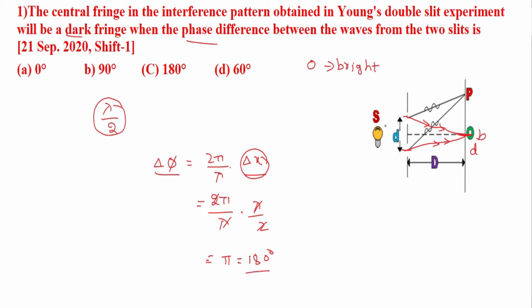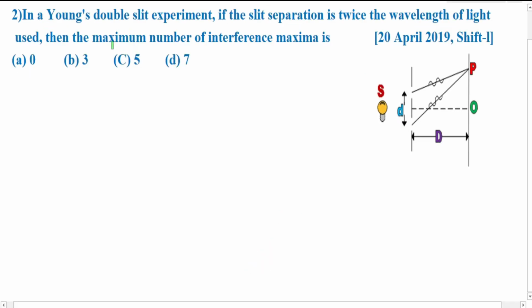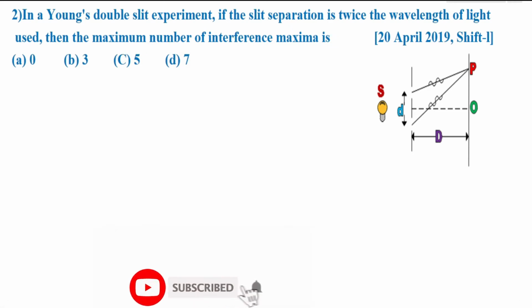Now let us move to our next sum. In Young's double slit experiment, if the slit separation is twice the wavelength of light used, then the maximum number of interference maxima is. So what did he give?